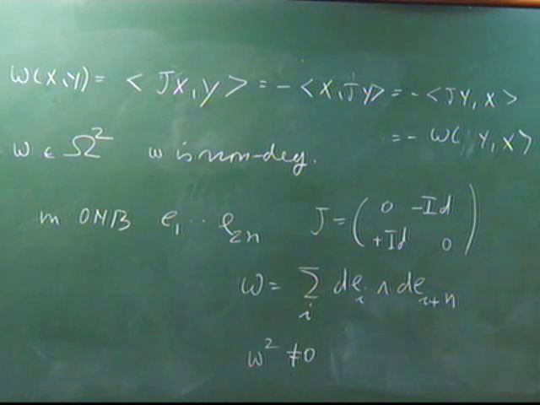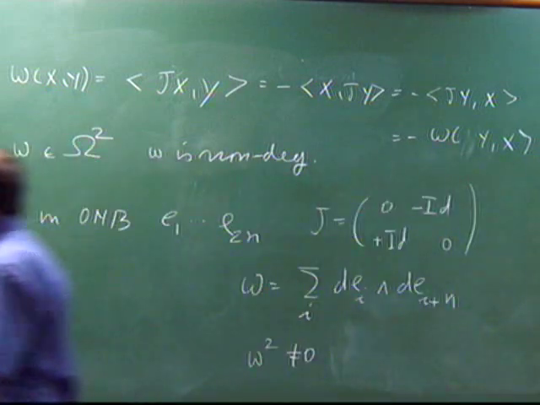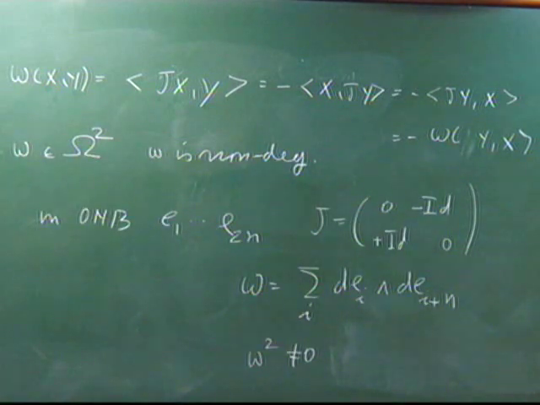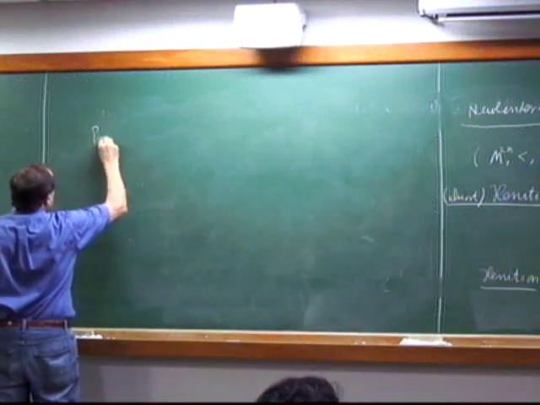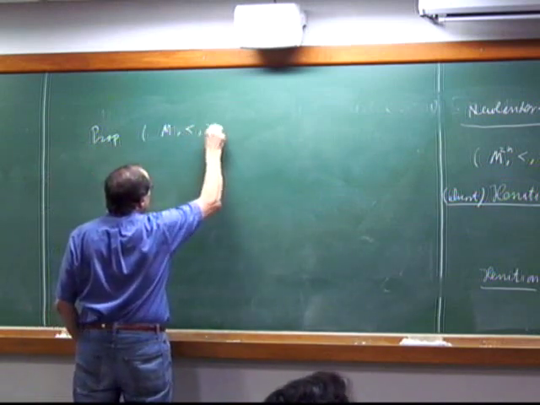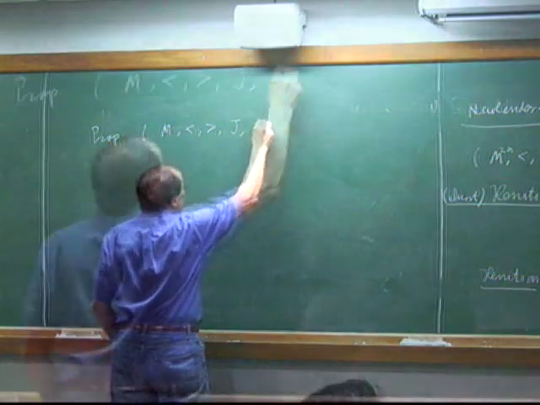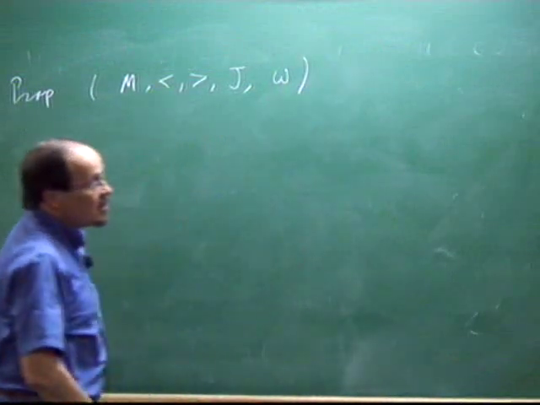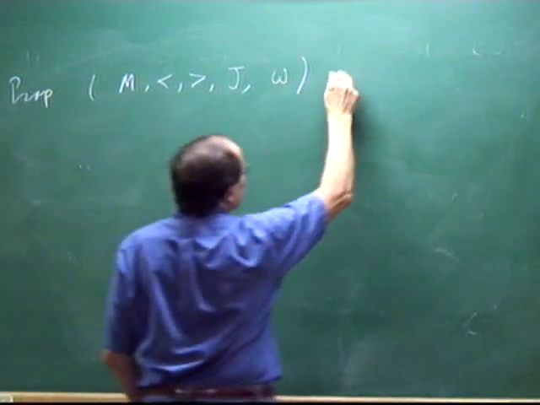So now there's something called Kähler and nearly Kähler, but before I define those things, let me write down the following theorem, which we're going to use to relate various things. So I have a manifold, I have a metric, I have a compatible complex structure, and I have an omega associated to that, so almost Hermitian.